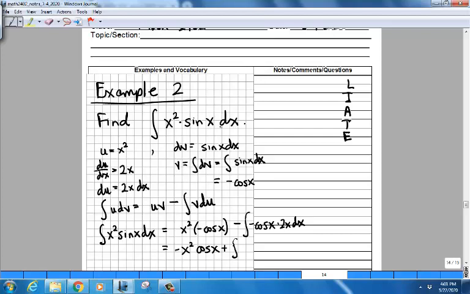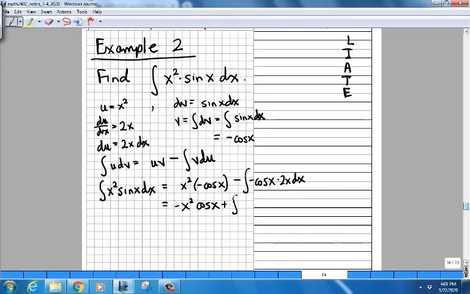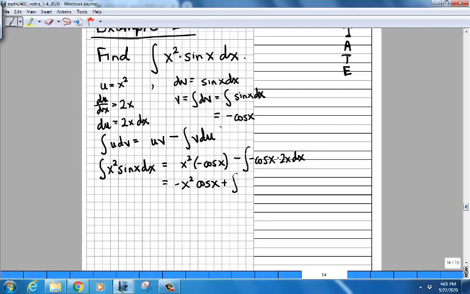So you get plus 2 times the antiderivative of x. I'm going to write the x in front of the cosine, so x times cosine of x dx. So if we can integrate x times the cosine of x dx, then we're done. Now, that is easier said than done, though, integrating x times the cosine of x.